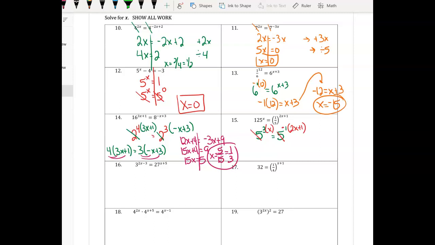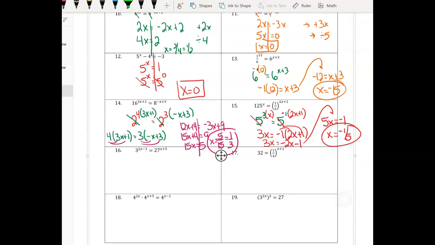Now I can ignore those bases. I can distribute the negative 1. And I can add the 2x over. And then divide by 5 to get negative 1/5.